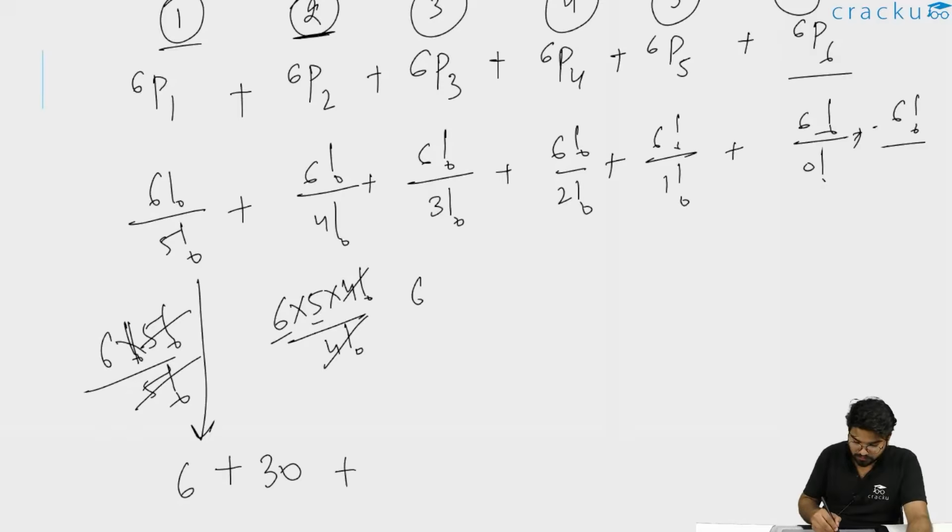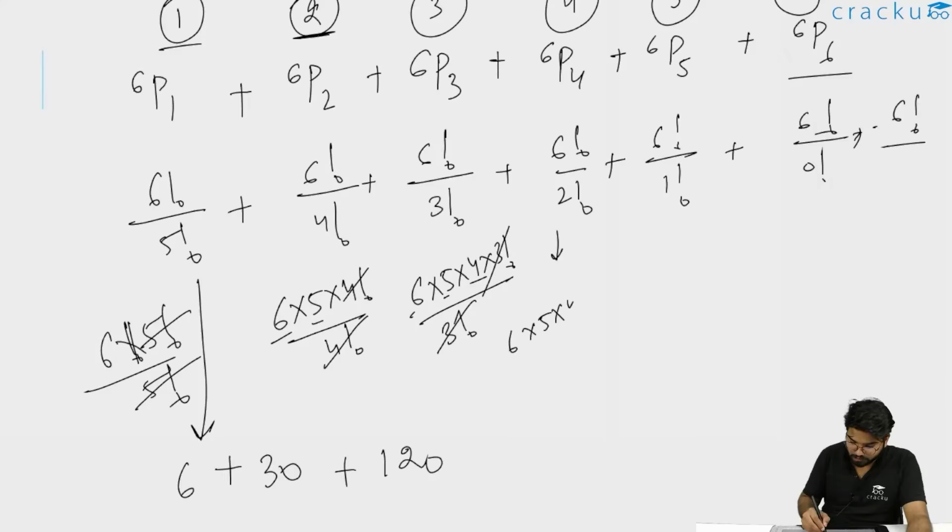Plus 6 into 5 into 4 into 3 factorial divided by 3 factorial. This will cancel out, 6 into 5 into 4 will be 120. Again solving this, 6 into 5 into 4 into 3 into 2 factorial divided by 2 factorial, multiply, this will be 360.